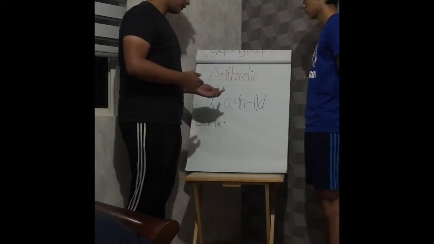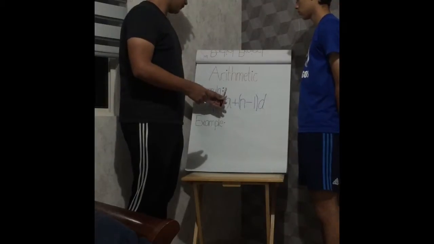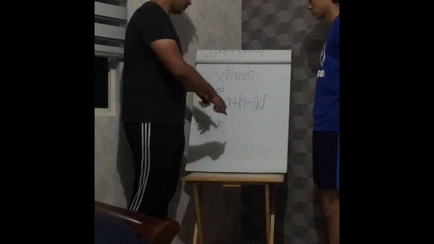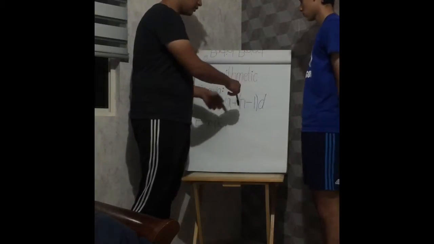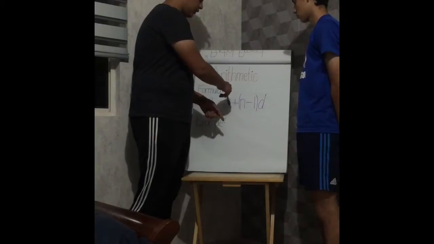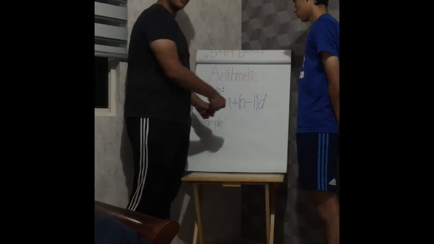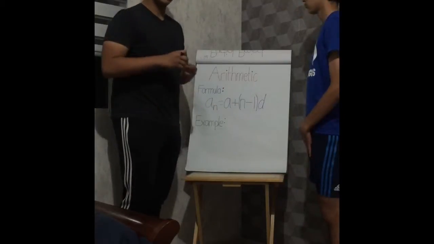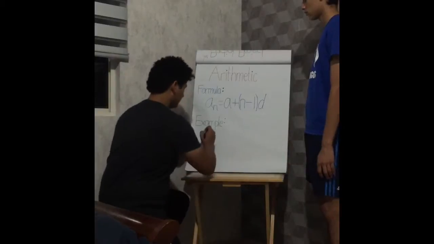To find this term you need to first take the first term, and add it to the multiplication of the common difference and the subtraction of the number of the term you want to get, minus 1. In our first example, you'll get this sequence.